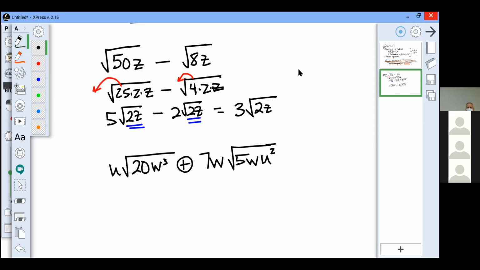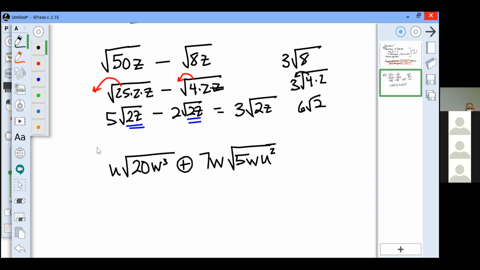So when you take out a number, let's say I had 3 square roots of 8, and I took the square root of 4 out, okay, that gets multiplied to the 3, not added. The add is right here. So you have to be really cautious about not adding what you're taking out to the things in front. It all gets multiplied, even if it makes the exponent go higher.